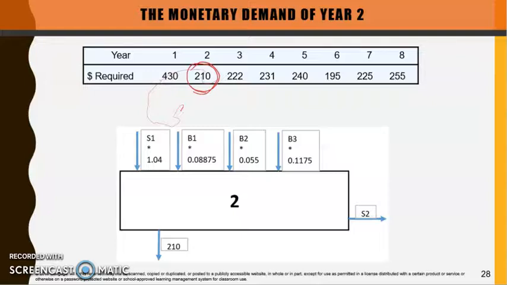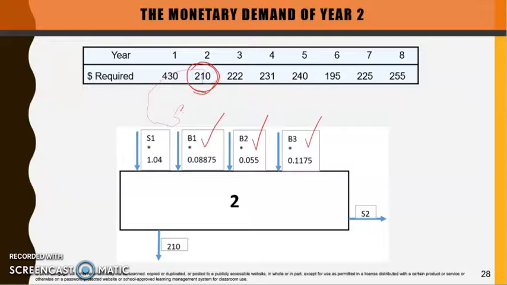The interest from bond 1, the interest from bond 2, and the interest from bond 3. They are our income. And also another thing that we have is the interest and the deposit S1 that we make at the beginning of year 1.